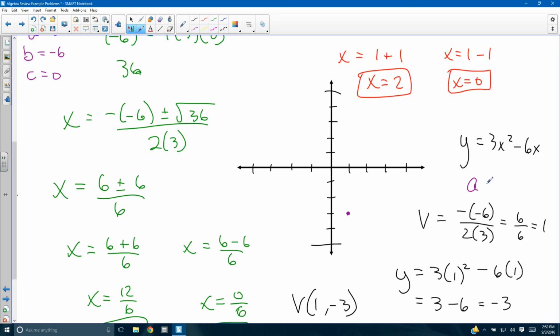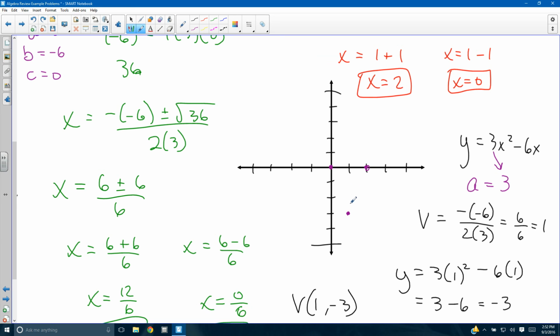Our stretch factor is positive 3. That's that a value right there. So for a quadratic, instead of going over 1 up 1, I'll go over 1 up 3. 1, 2, 3. Go to the left 1, I'll go up 1, 2, 3. Aha, look where they're intersecting. 0, 0, and 2, 0. Those are your x-intercepts. So we already know that there.